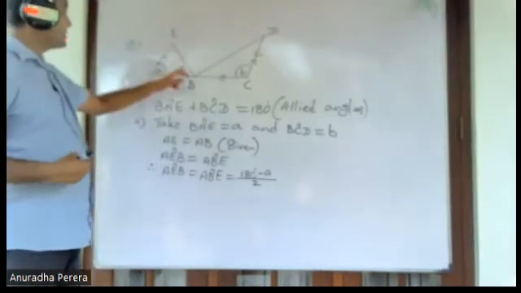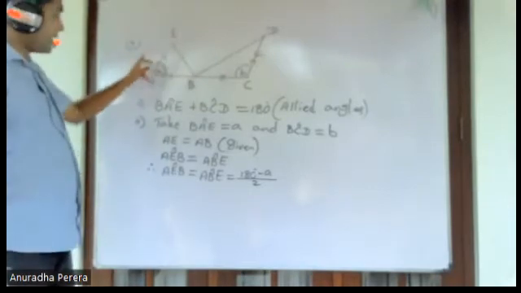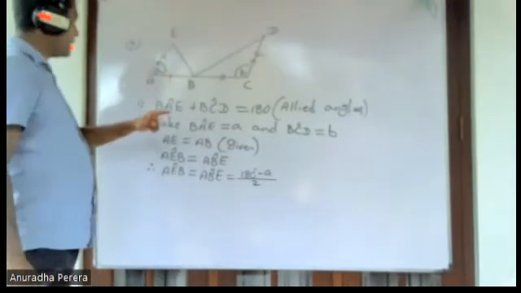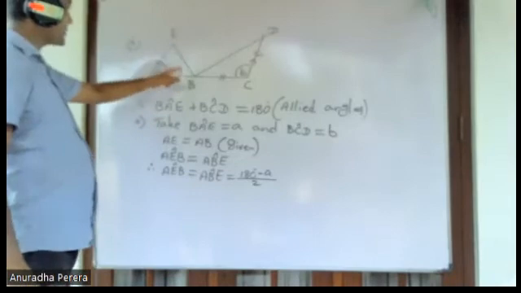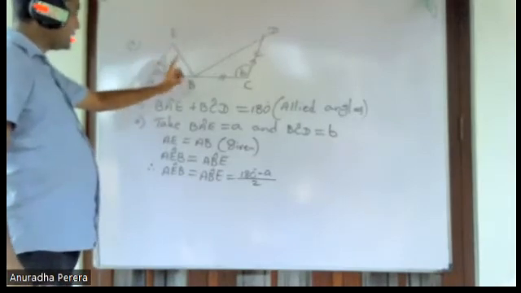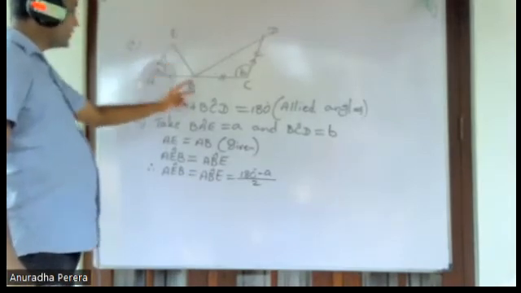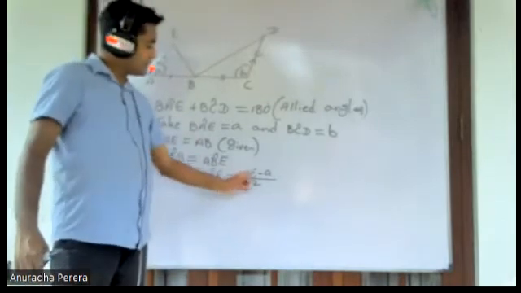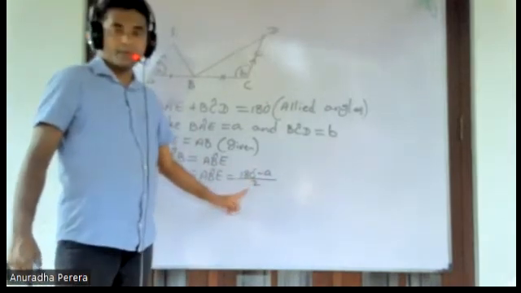The sum of interior angles of the triangle is 180. To find the sum of these two, you have to subtract A from 180, but these two are equal. One angle is equal to 180 minus A divided by 2.